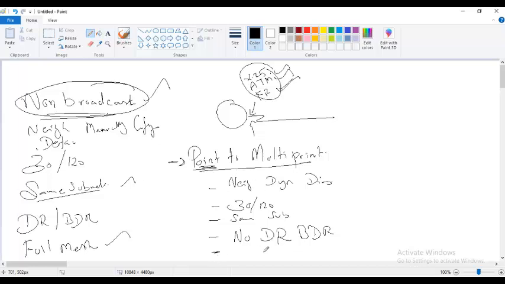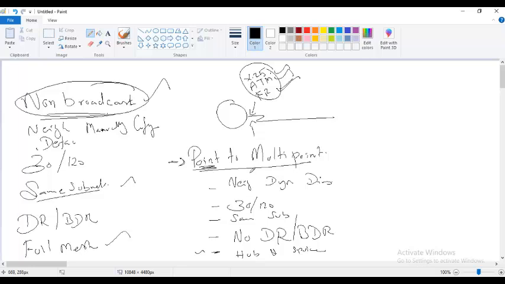And because there is no DR or BDR elected, this is a nice network type for hub and spoke. For hub and spoke, there is no need for DR, BDR. So you may go for this if your topology is hub and spoke. Doesn't mean that you should not go for full mesh, doesn't matter.